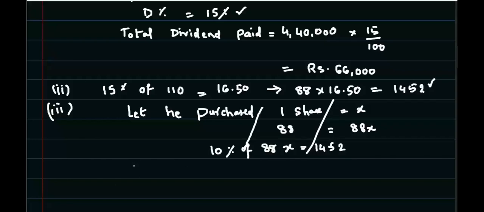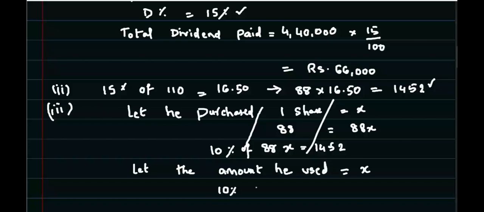What you can do, let the amount he used to purchase all the 88 shares be x, right? So 10% of x amount is 1452, correct?